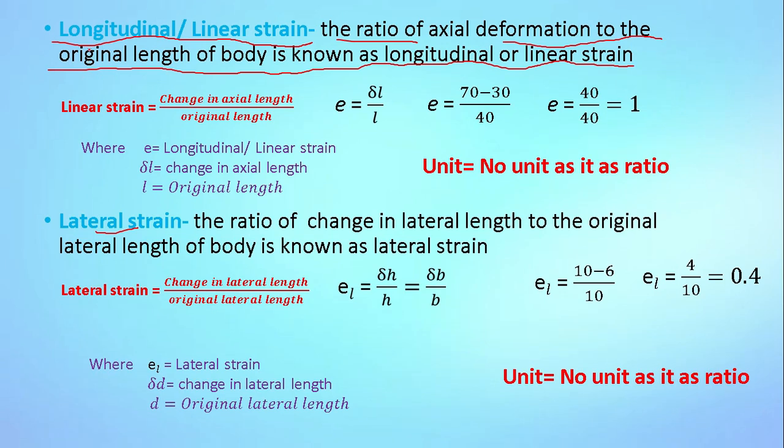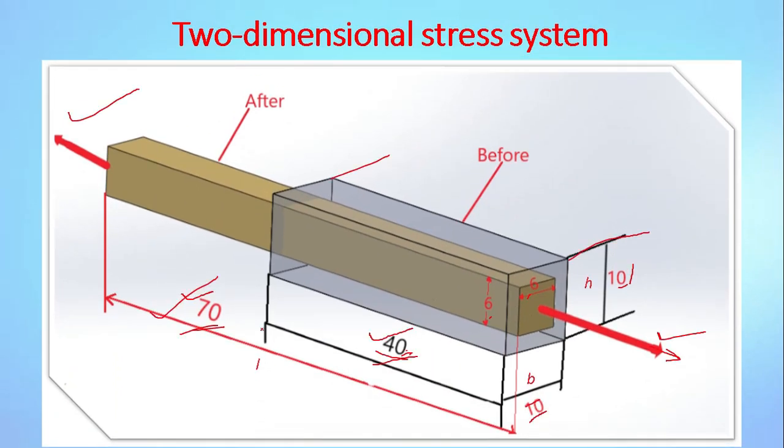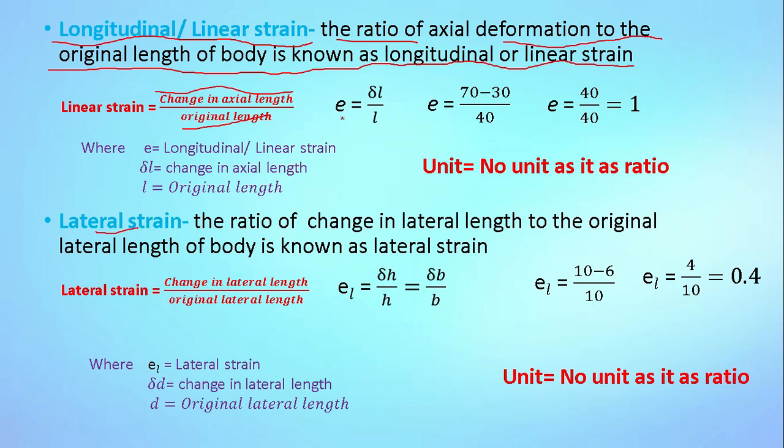Here linear strain or longitudinal strain is equal to change in axial length divided by original length. So here the change in axial length is 70 minus 40 and the original length was 40. Linear strain is denoted by small e, equal to del L divided by L. Del L means change in axial length divided by original length.